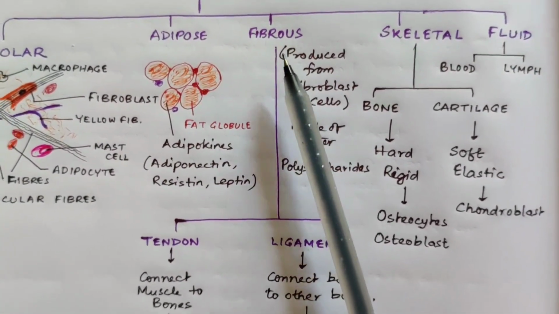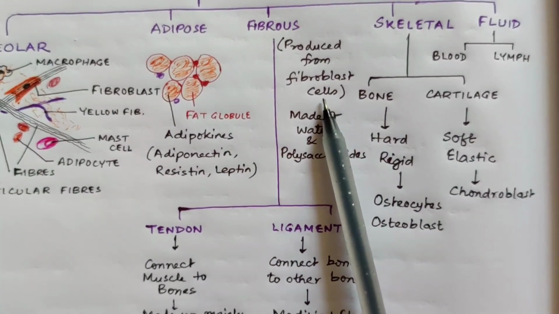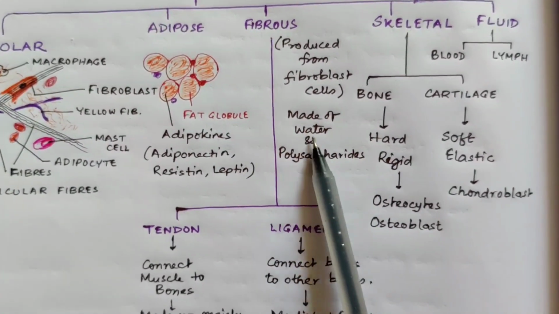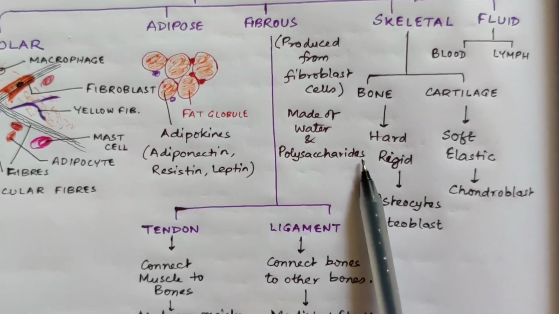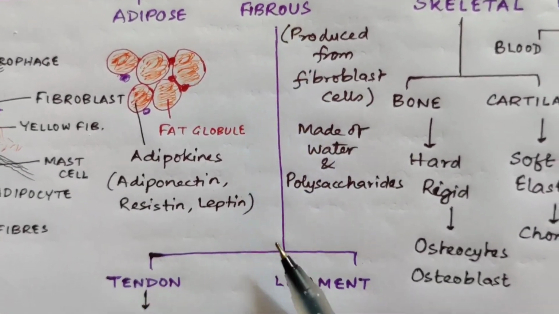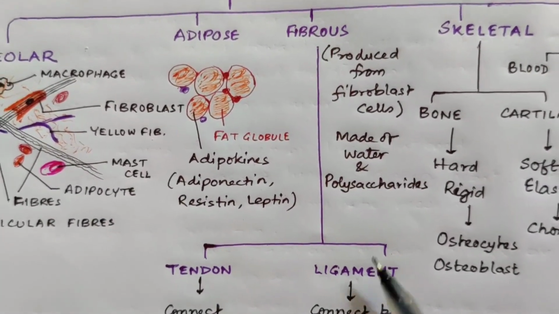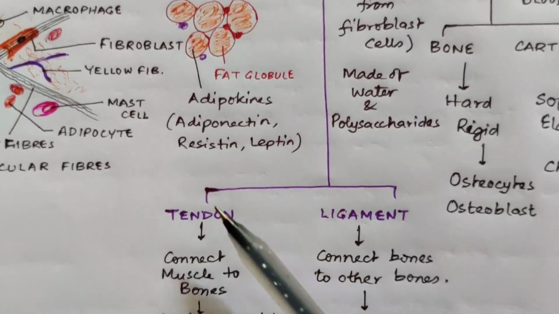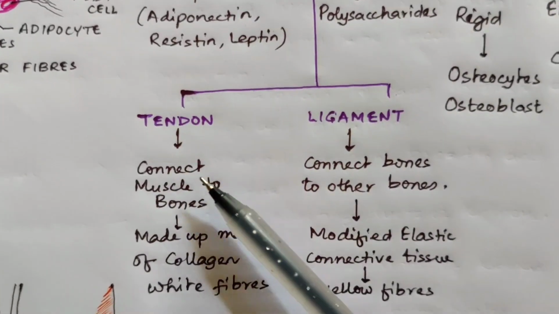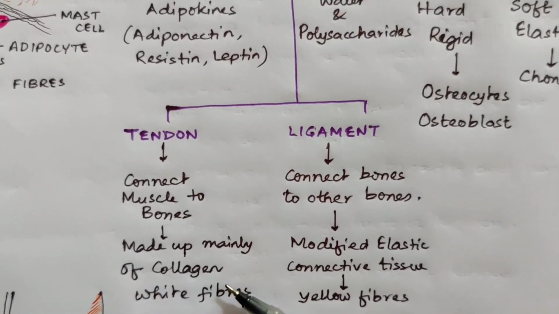Then coming to fibrous connective tissue. They are produced from fibroblast cells. They are made up of water and polysaccharides. They are of basically two types, tendons and ligaments, meaning white fibers and yellow fibers. Tendons connect muscle to bones, made up mainly of collagen, white fibers.